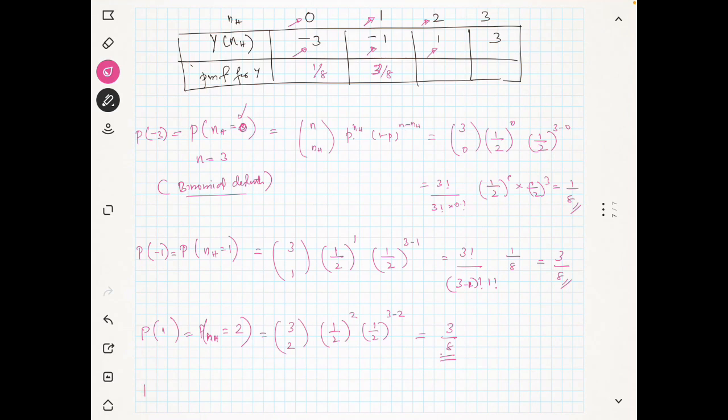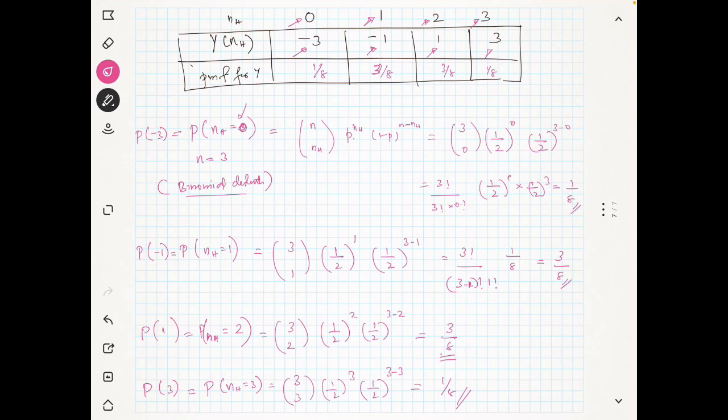The probability of 3 comes from nh equal to 3, so it is 3 choose 3, 1 by 2 power 3 into 1 by 2 power 3 minus 3, which is 1 by 8. So you got all the probabilities.